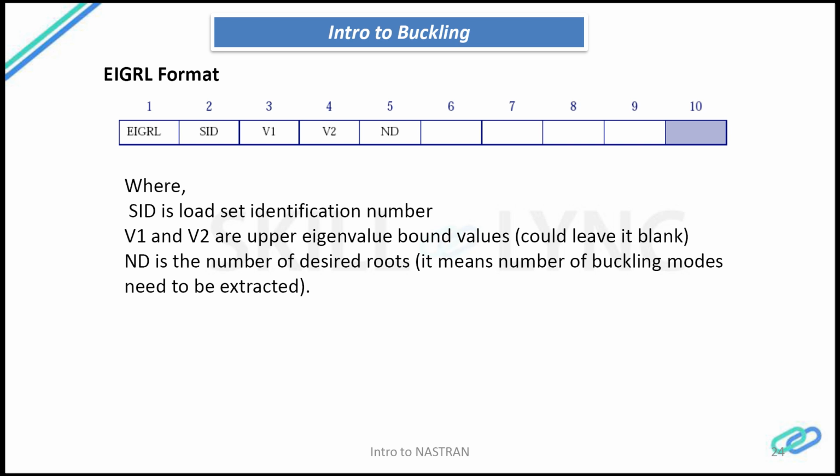That means you can specify from what eigenvalue it has to start, and what range of values you need to see. Suppose you know this from the theoretical solution; otherwise you can just leave it blank. And ND is the number of roots that are desired. When I say number of roots, it is the number of buckling modes or eigenvalues that you want the software to compute.